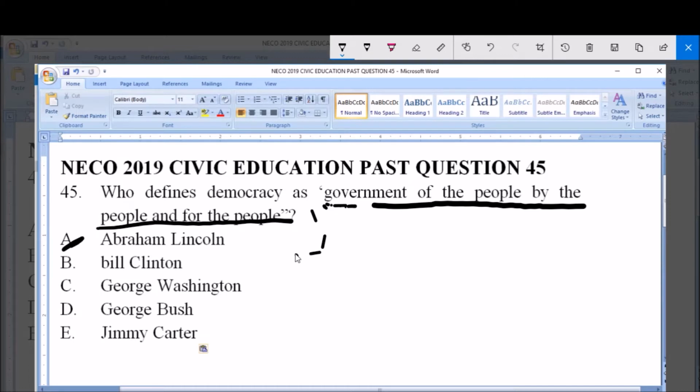Abraham Lincoln defined democracy as the government of the people, by the people, and for the people, when he was the president of America.